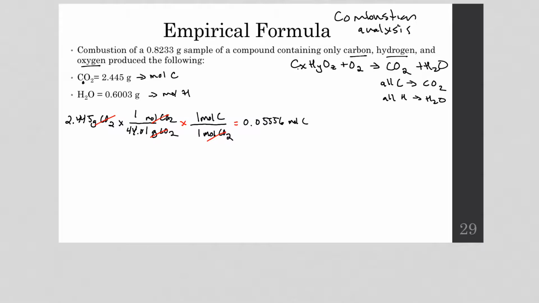so now we have moles of carbon. Now let's do the same thing with the water to get to moles of hydrogen. So I have 0.6003 grams of water. I'm going to do the same kind of idea. I'm going to first convert it into moles of water, and water is going to have a molar mass of 18.02 grams.